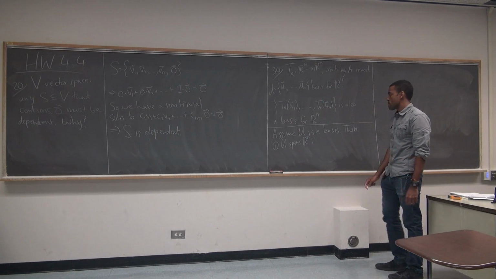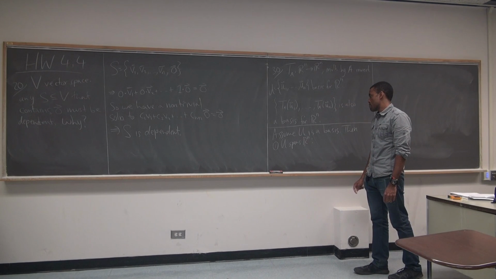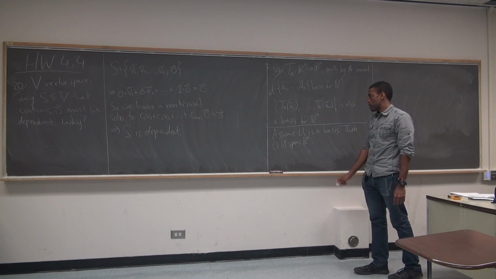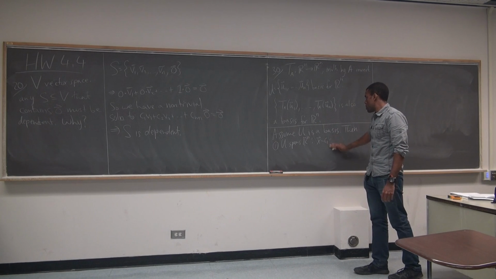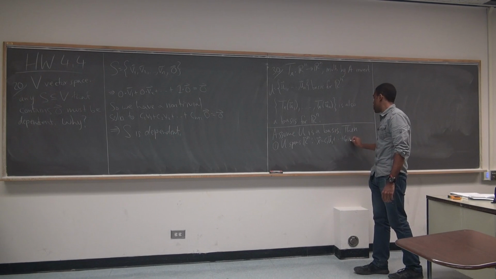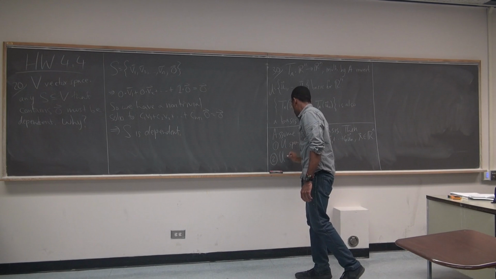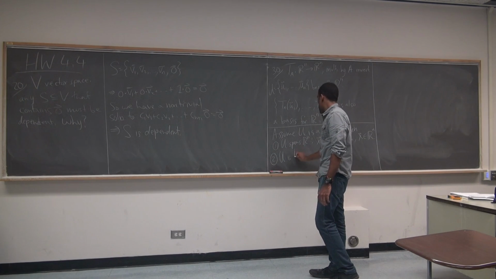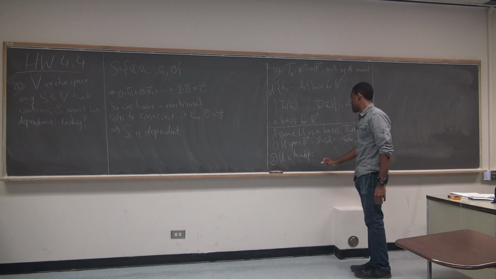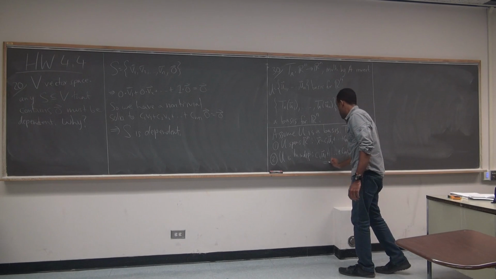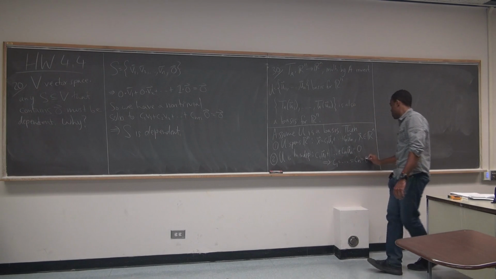Spans means any vector in Rn can be expressed as a linear combination of U. So x is equal to c1u1 all the way up to cnun, where x is any vector in Rn. And second, we know that U is a linearly independent set, which means that c1u1 plus all the way up to cnun equals 0 means that c1 all the way up to cn equals 0. Okay, so those are the facts that we know so far.